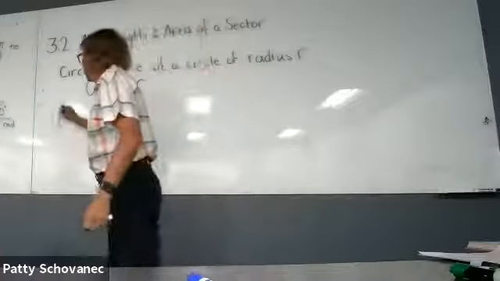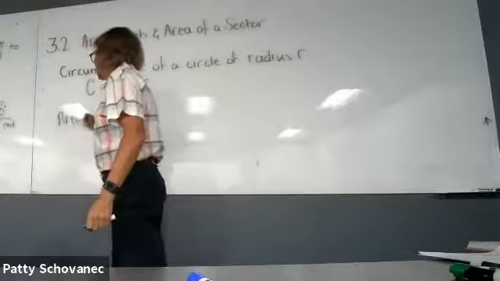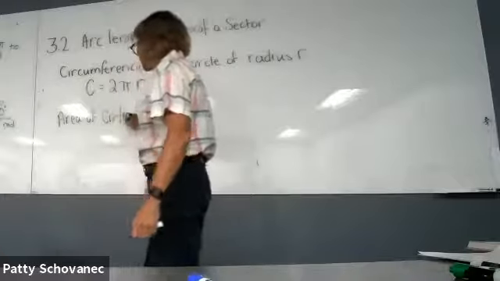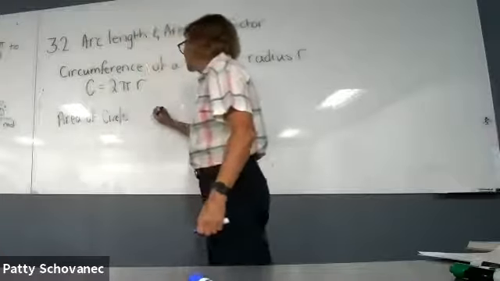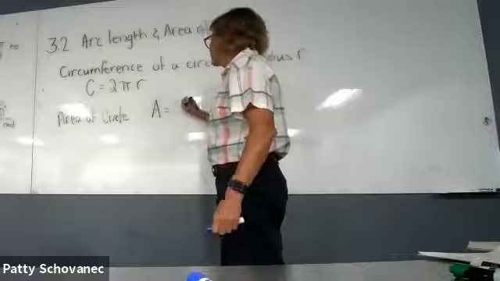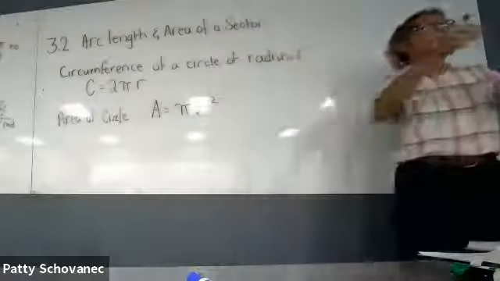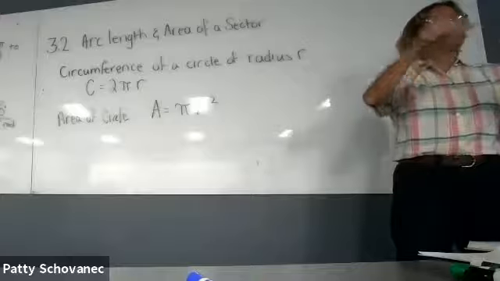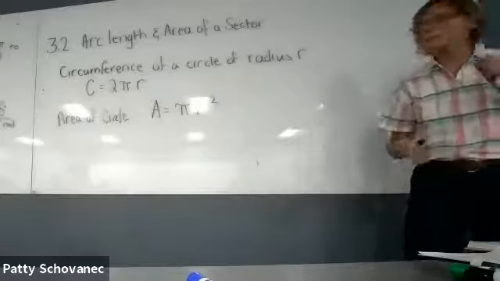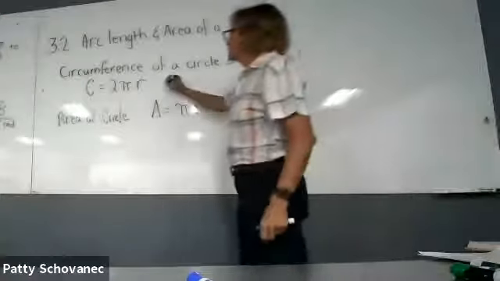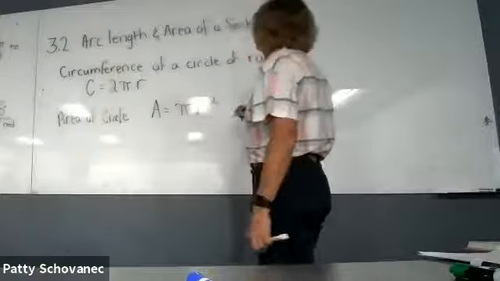And the area of this same circle of radius r is area is equal to pi r squared. Circumference is linear units, as if you were about to build a fence around a circular lot. Area is square units. I won't worry about that just yet.